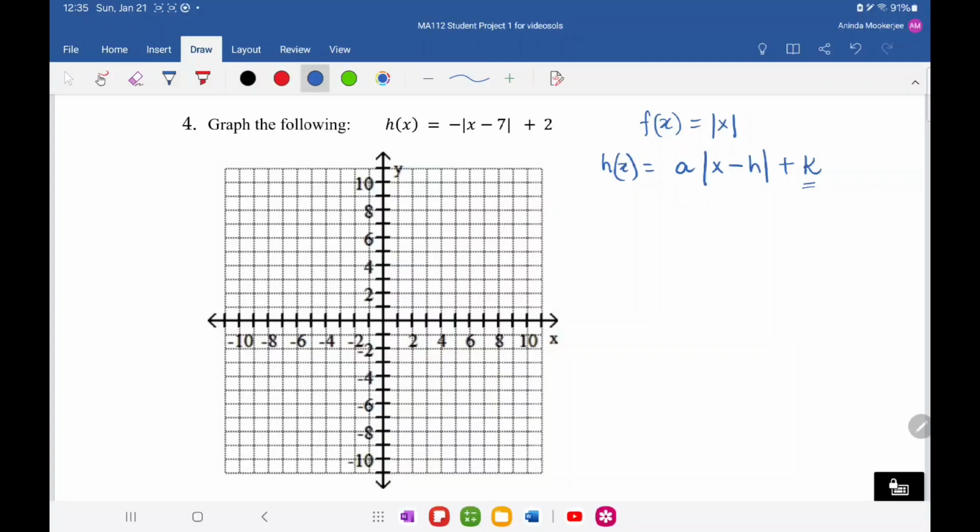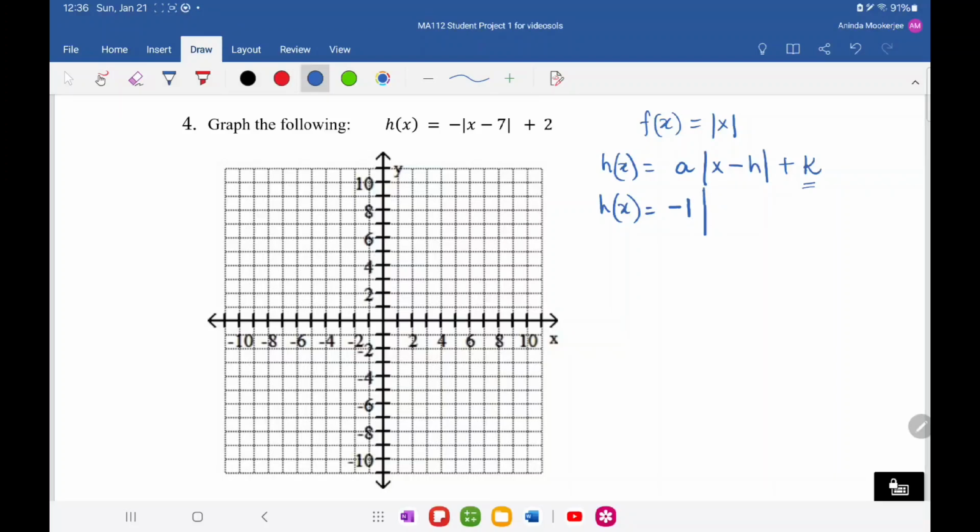So I'm going to take this function h of x and put it in this form so that we can align the a and h and k's and pick those values. So let's do that. H of x equals, there's a minus, and when we don't see a number next to the minus, that means it's a -1, right?